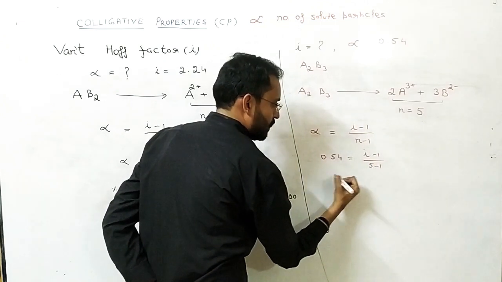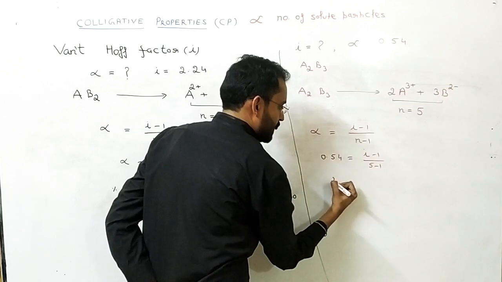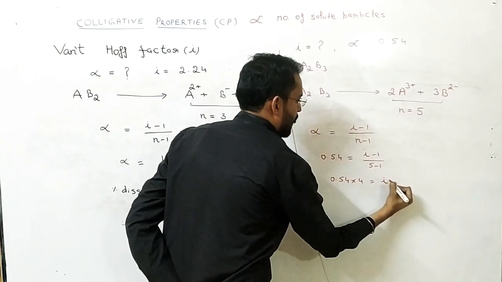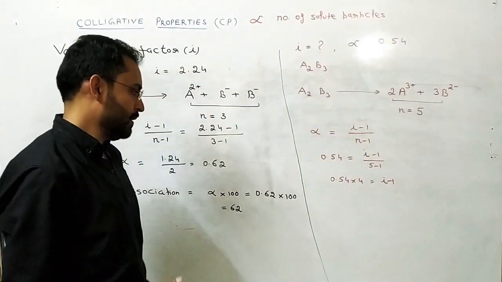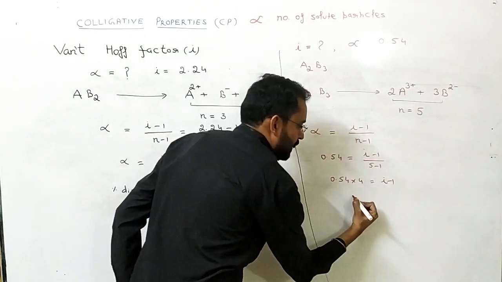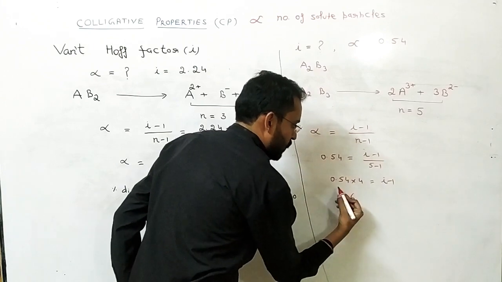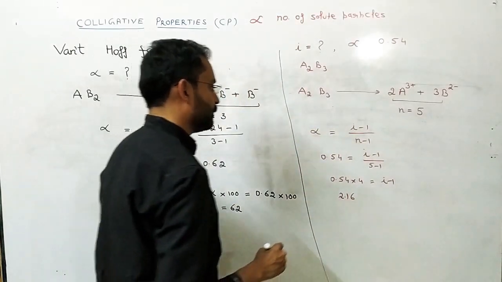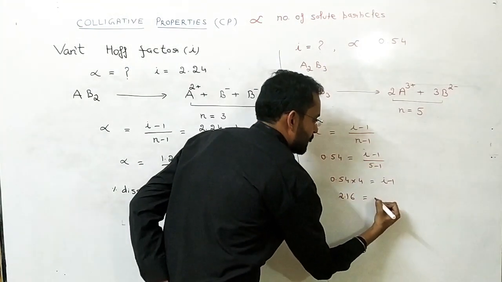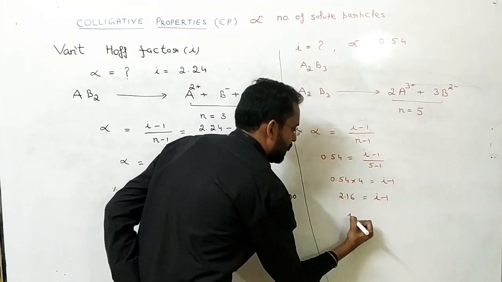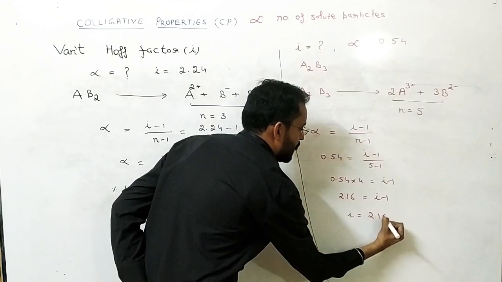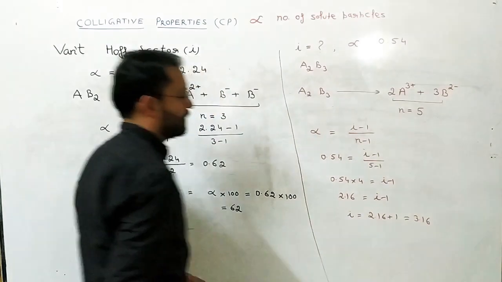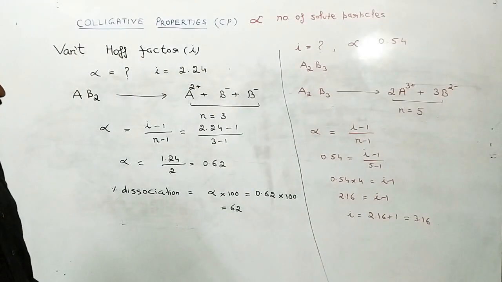So it is 0.54 into 4 equals i minus 1. That is 2.16 equal to i minus 1. i is equal to 2.16 plus 1, which is 3.16. Okay.